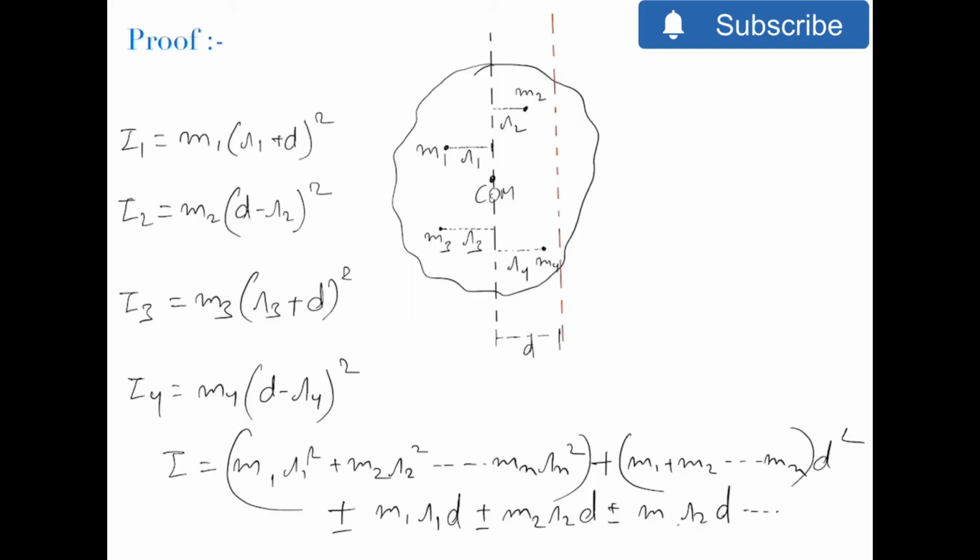this one is m3, this is up to mn rn into d.